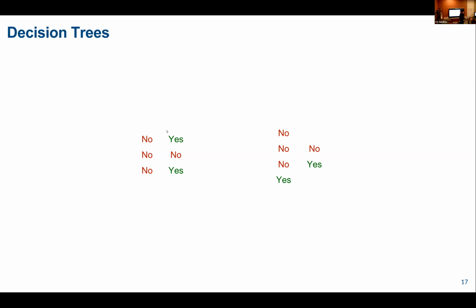I'm going to tell you, as the creator of this lecture, to ask which one is better. I'm going to say the left one is better, because we have a group that is all no, whereas this group is mostly no, like 75% no. So keep in mind that a good split means there's one very homogeneous group and one potentially less homogeneous group.